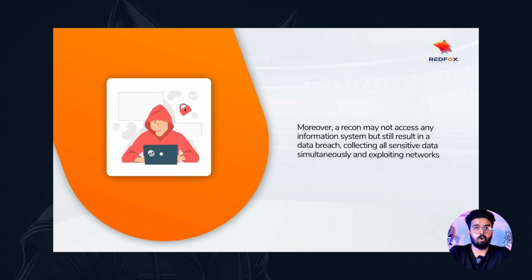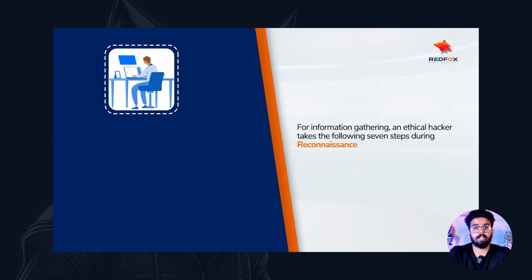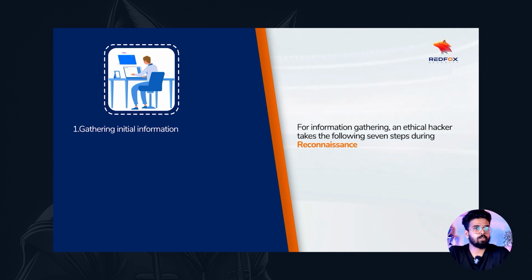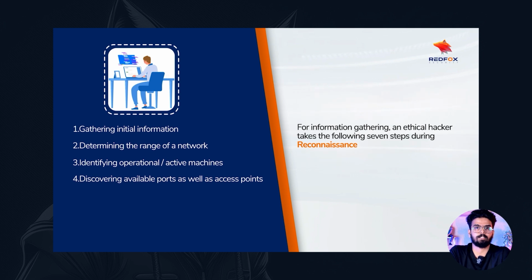Moreover, a recon may not access any information system but still result in a data breach, collecting all sensitive data simultaneously and exploiting networks. For information gathering, an ethical hacker takes the following 7 steps during reconnaissance. Gathering initial information, determining the range of a network, identifying operational active machines, discovering available ports as well as access points.